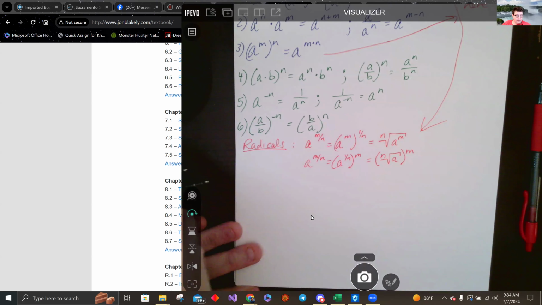And we also have a over b, the nth root of that. Nth root of a over b equals the nth root of a over the nth root of b.